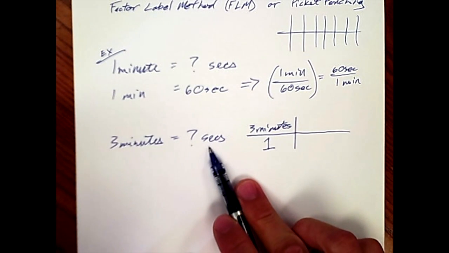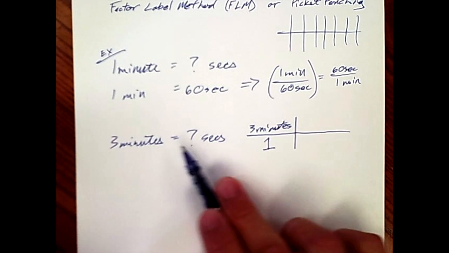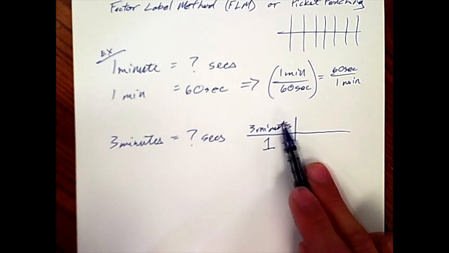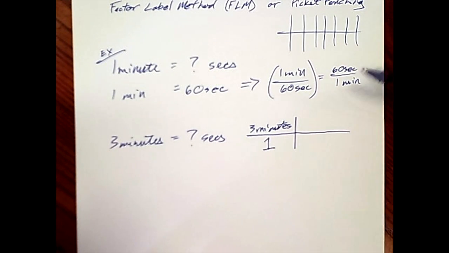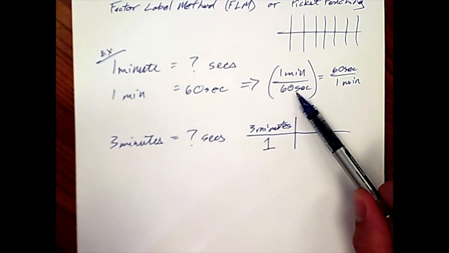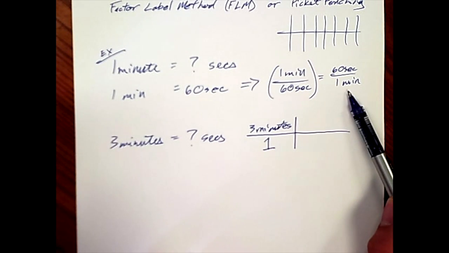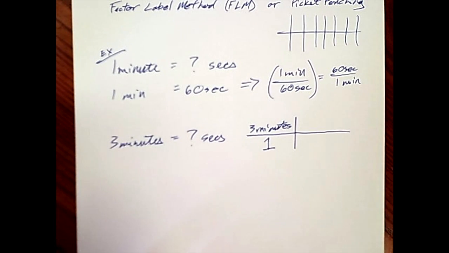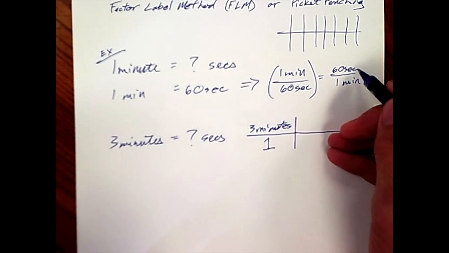Basically, in 3 minutes over 1, I'm multiplying by minutes, which means when I multiply by 1, I have to have the minutes cancel and the seconds remain. So it's a matter of whether I choose the format 1 minute over 60 seconds, or 60 seconds over 1 minute. It's very easy: if I want seconds to remain, I want minutes to cancel.